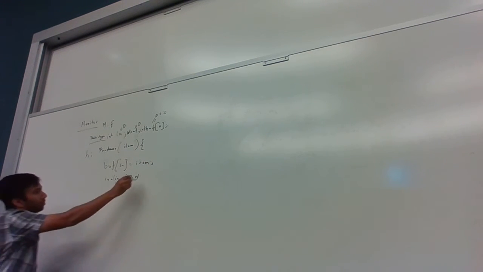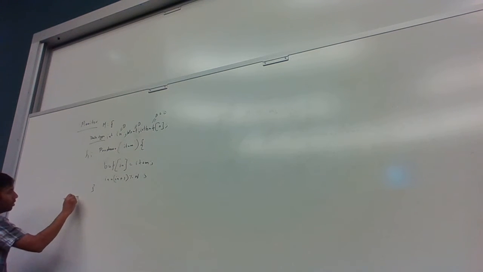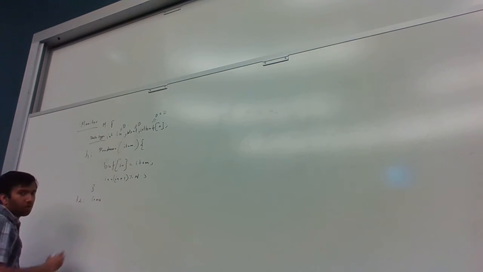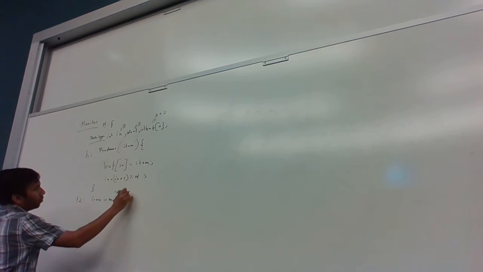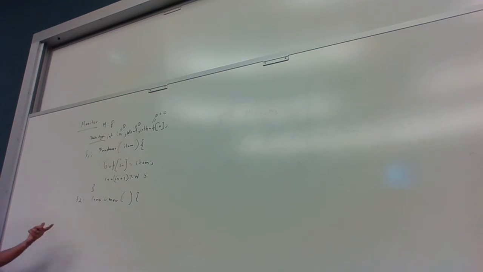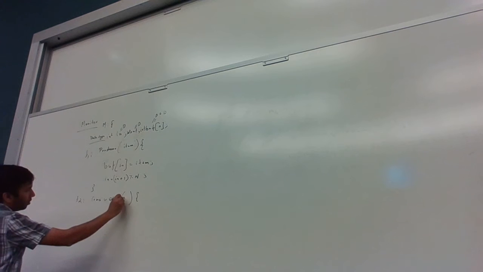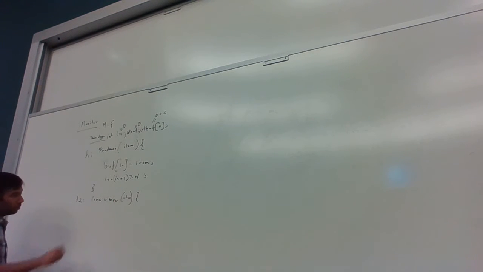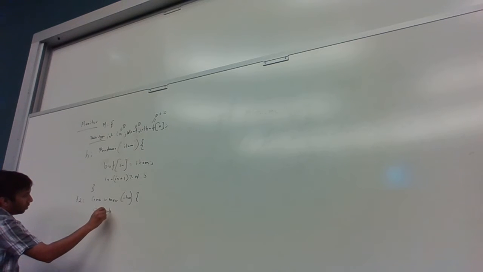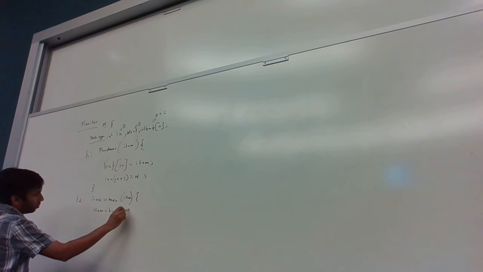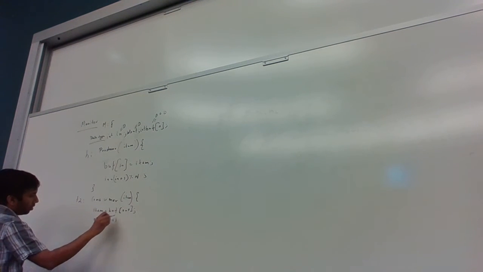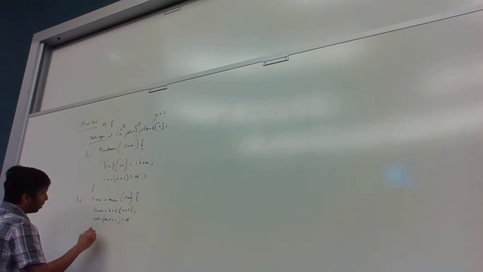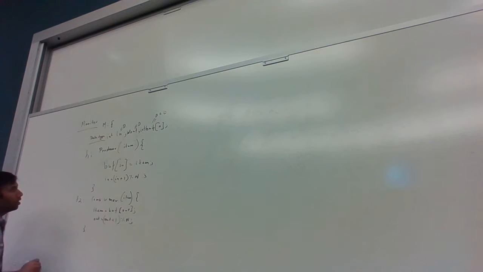And the consumer takes an empty item as input, then makes item equals buff[out], and then out equals (out plus 1) mod n. Now, will this work?